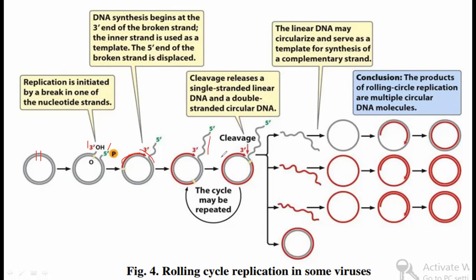Finally, this 5' end is released outside in the nucleus, and it forms a circular shape again. And once it forms a circular shape, it serves as a template, and it starts synthesizing a new strand. And this is your new strand.